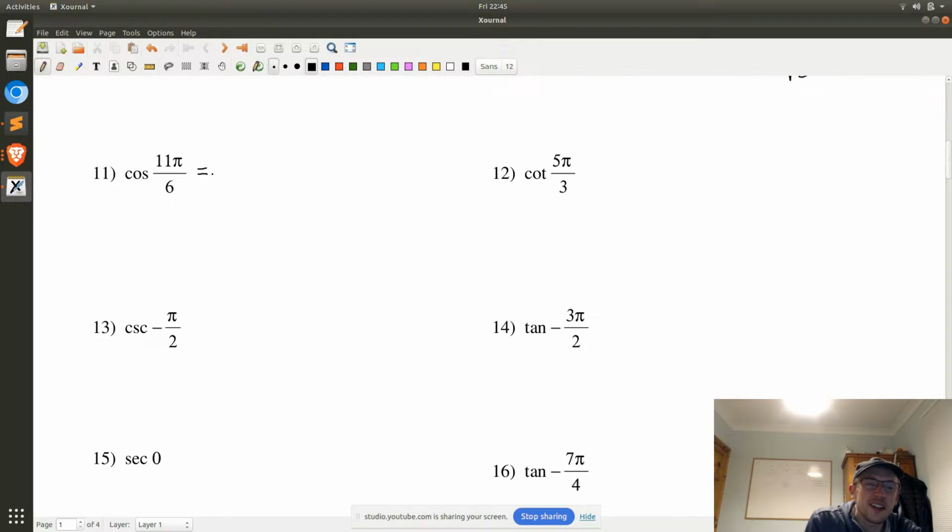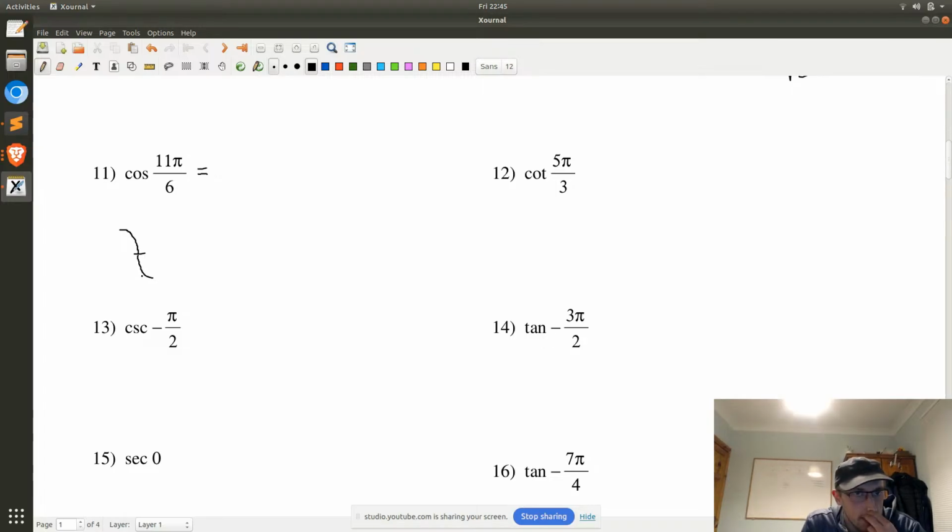Okay. So, cosine of 11 pi over 6. So, it goes 0, then 90, then 180.